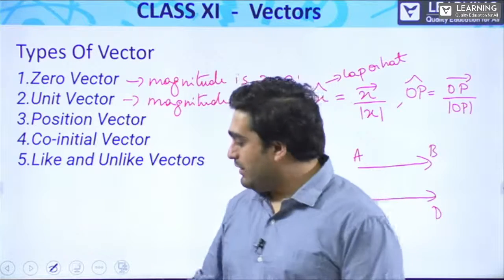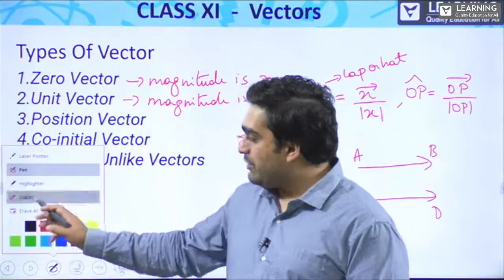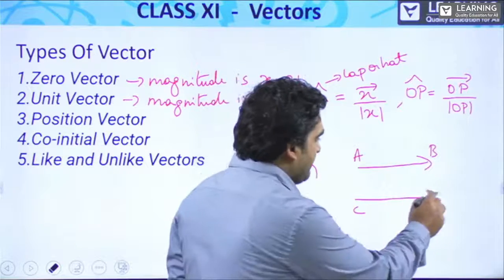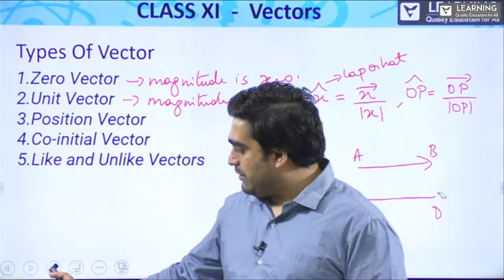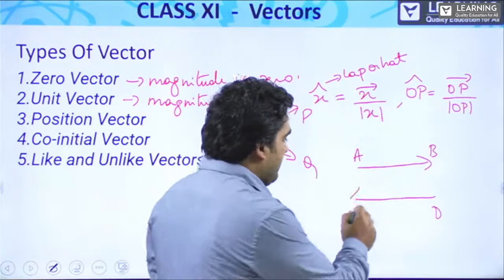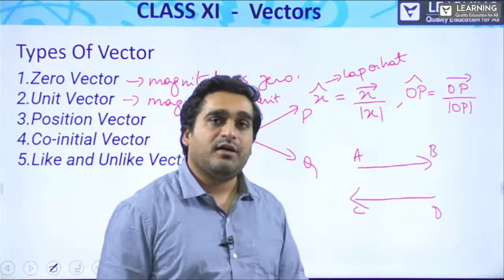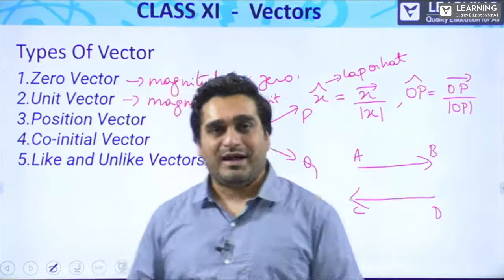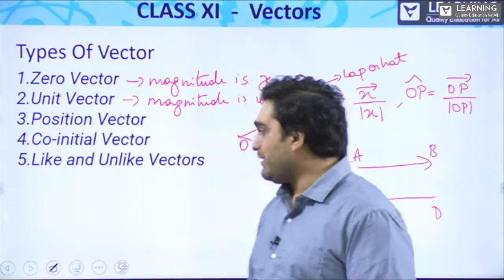Now on the other hand, if one of the vectors is pointing in the opposite direction, then the vector is called unlike vector. So like vector and unlike vector.